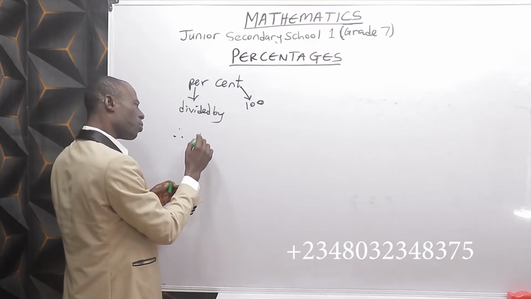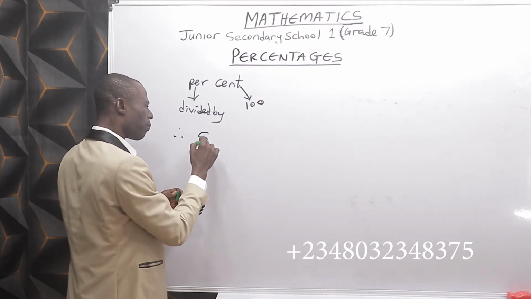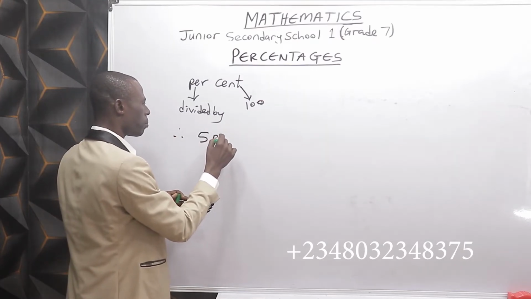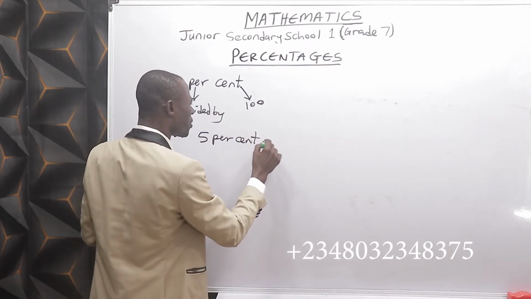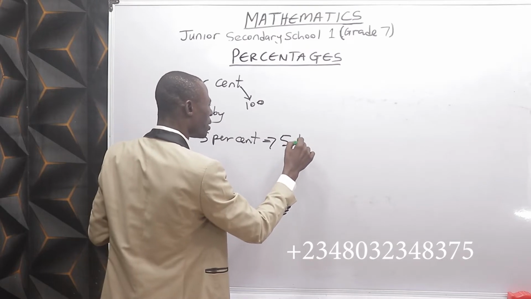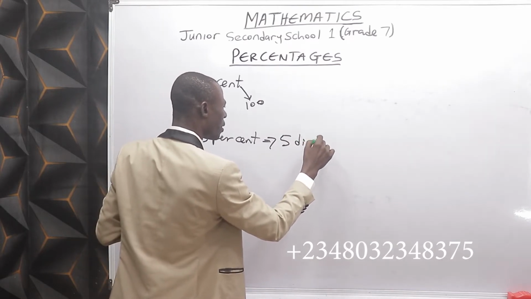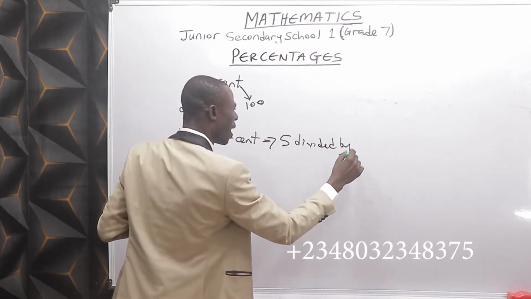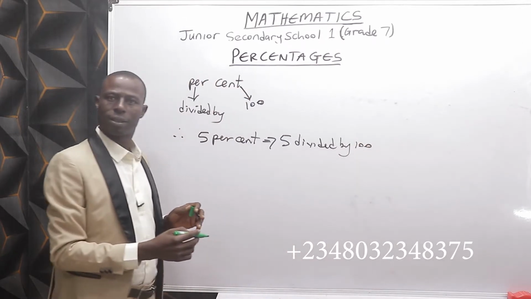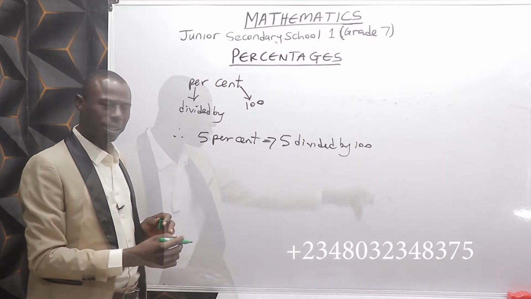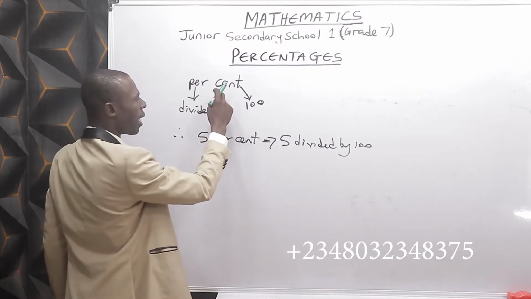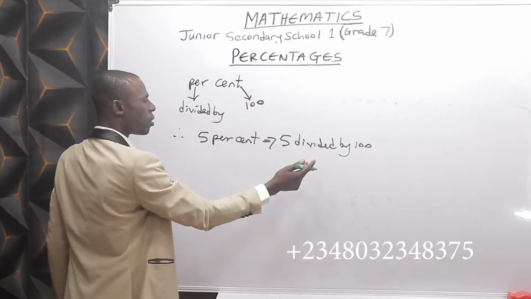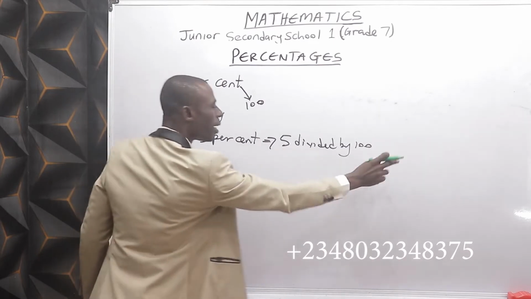Therefore, anytime you see 5%, it means 5 divided by 100. Are you following? Since per means divided by and cent means 100, we have 5 divided by 100.